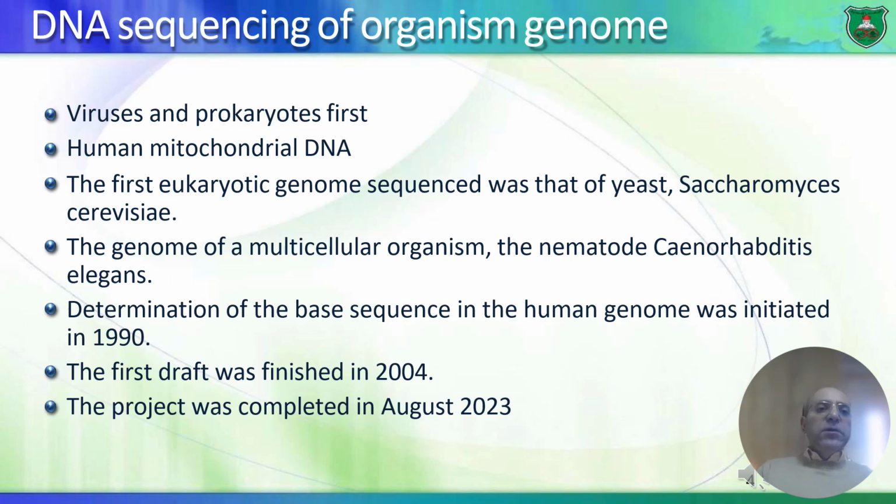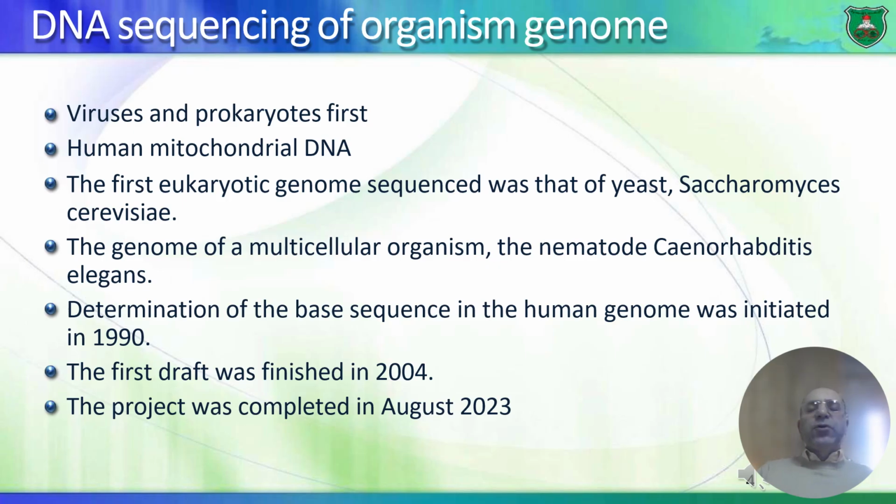Now, this is a little history. DNA was sequenced for viruses and prokaryotes first because their genomes are simple. And then human mitochondrial DNA was done later on, in the 70s and 80s.